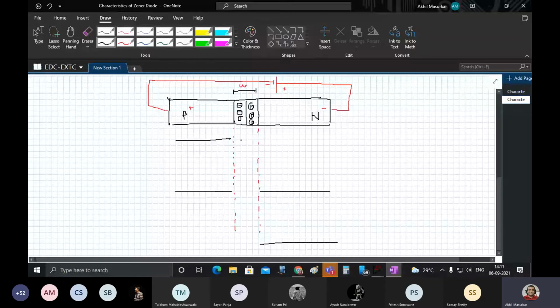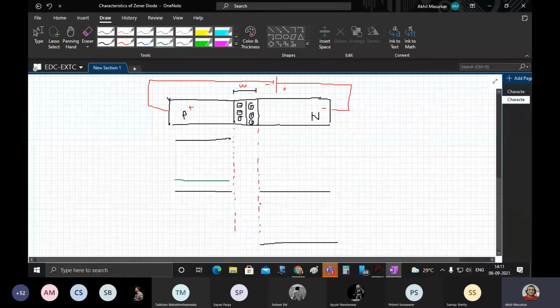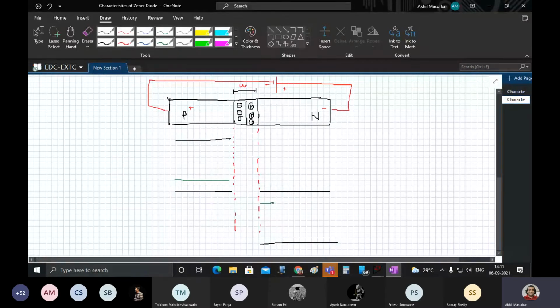Okay, so in a P the Fermi level is near the valence, here it is near the conduction. So let's say this is EC, this is EV, EC and EV, and this is your EFN, and this is EFP.